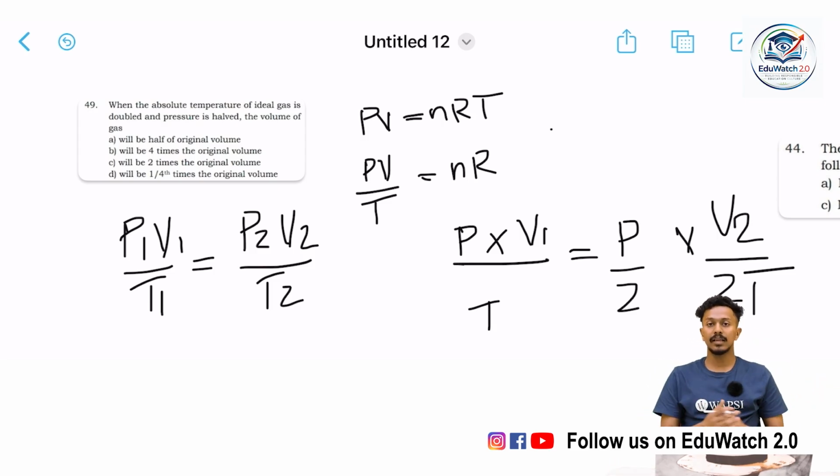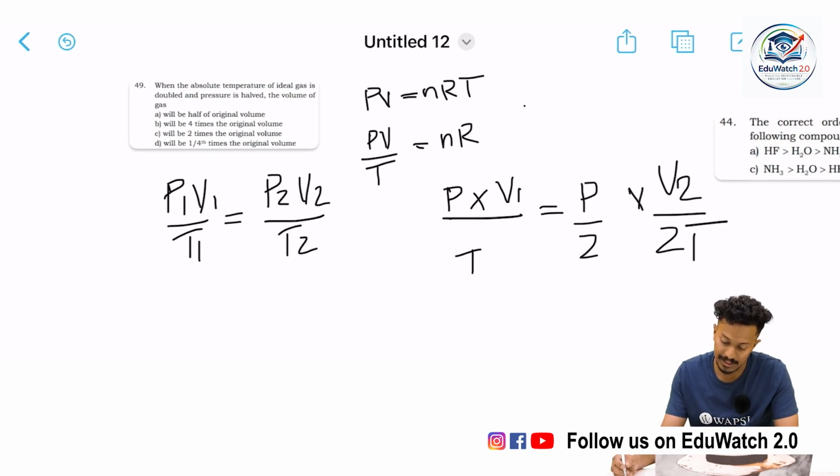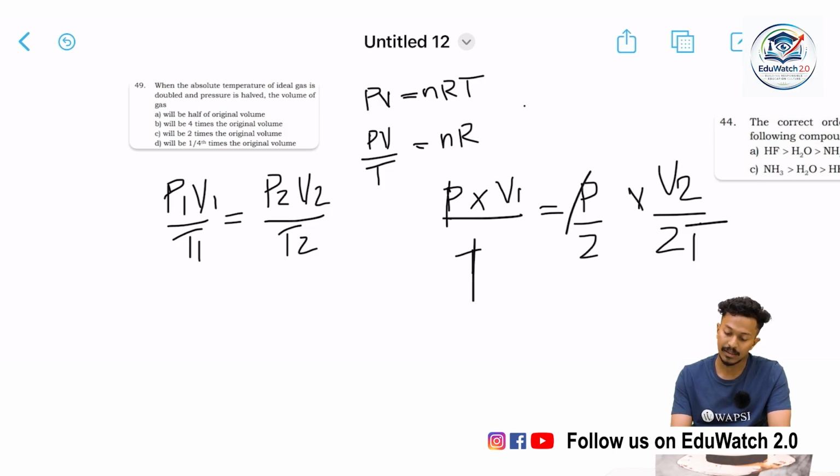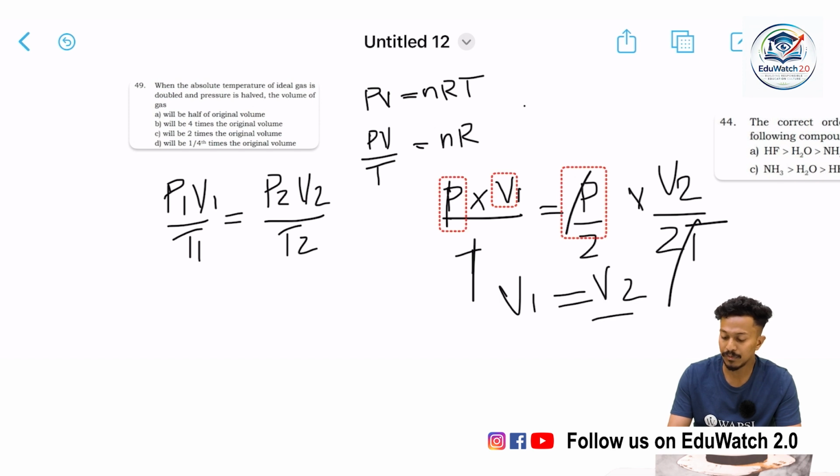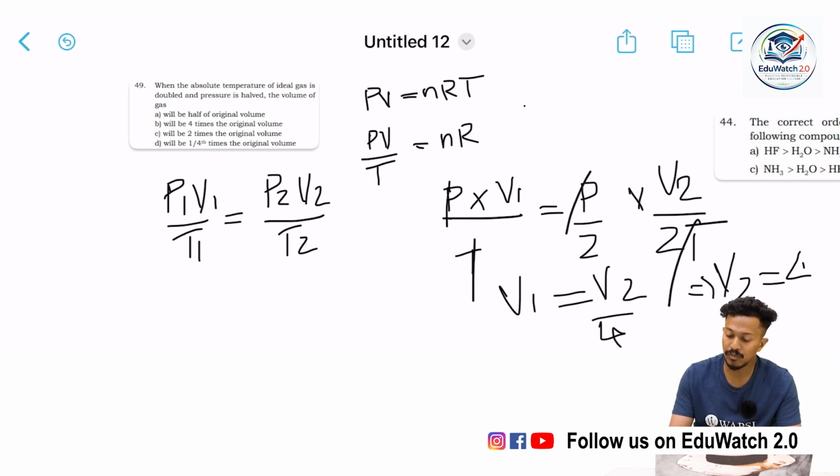Only the variables are V1 and V2. That we have done, and we'll cancel out each other. P and P is cut, T and T is cut. V1 is equal to V2 by 4, which is V2 is equal to 4V1.